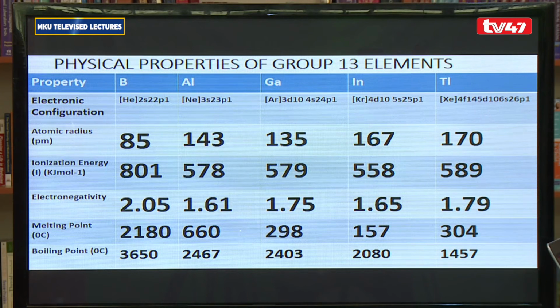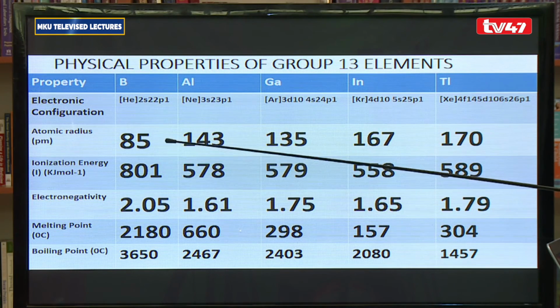When we were looking at the alkali metals and the alkaline earth metals, there was a uniform increase in atomic radii, but with the group 13 elements, the increase is not so uniform.